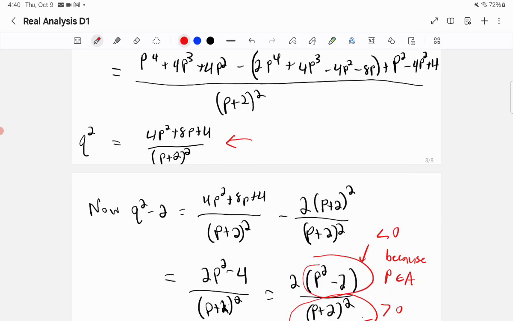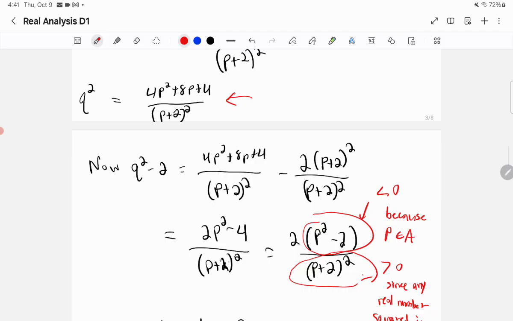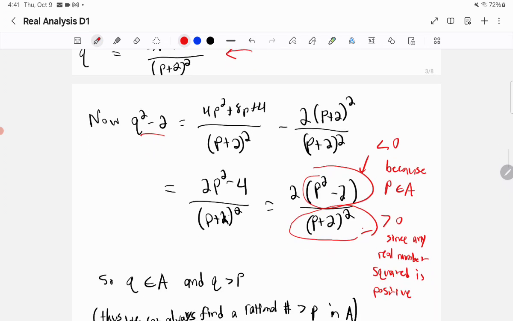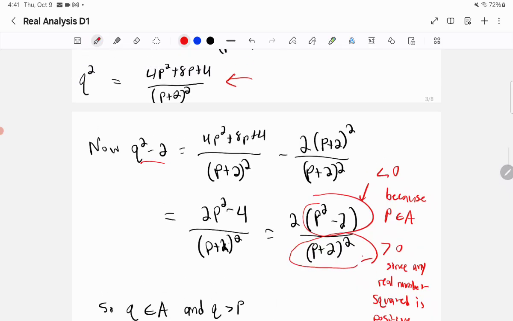Now if I subtract off 2 from the left side, I'm also going to subtract it from the right side, and I'm going to put it in the same denominator to make my life easier. So it's going to be minus 2, but then I want it in the denominator (P plus 2) squared, so I have to multiply that 2 by (P plus 2) squared as well.